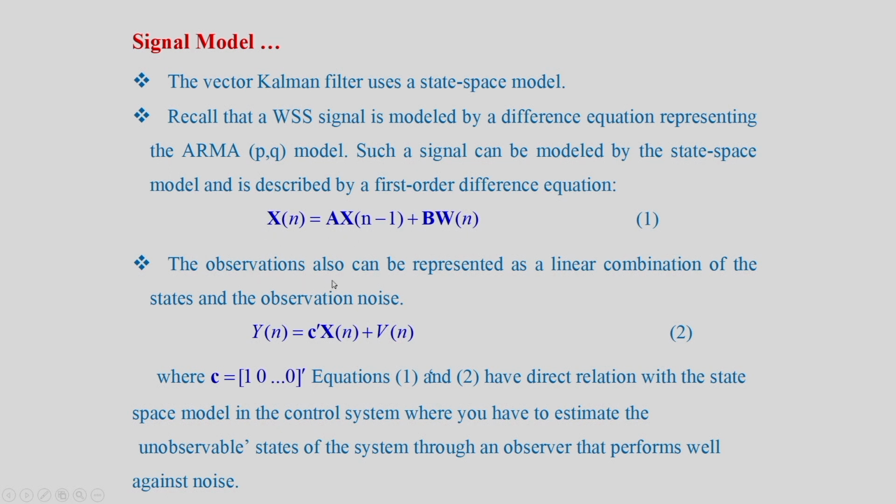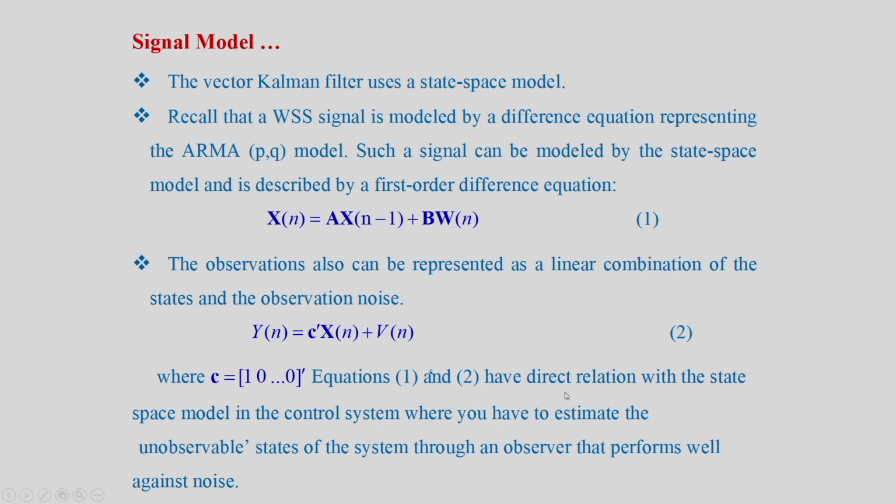The observations also can be represented as a linear combination of the states and the observation noise or measurement noise. That way Yn we can write as C transpose Xn plus Vn, where C is equal to [1 0 0 ...] transpose. So, it is a vector comprising of first element 1, rest of the elements 0.